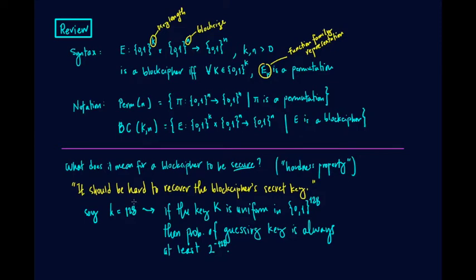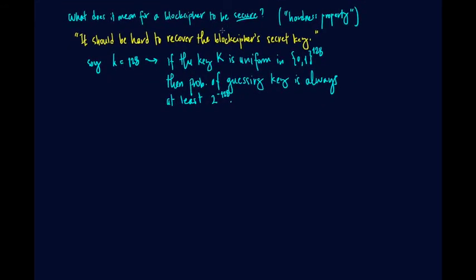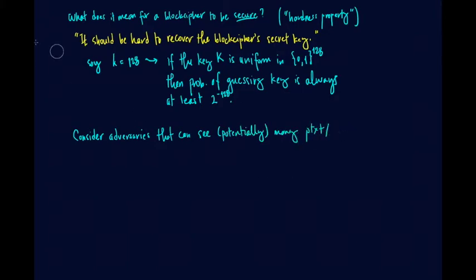So we're going to consider situations. Let me scroll up a bit here. Let's consider attacks in which the adversary gets to see plaintext-ciphertext pairs, in other words, inputs and outputs of the block cipher.